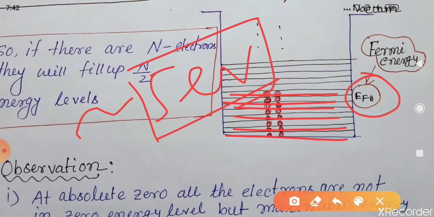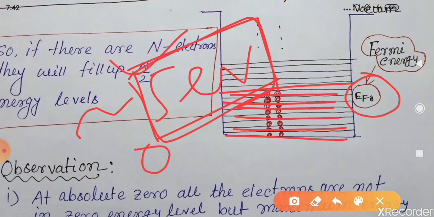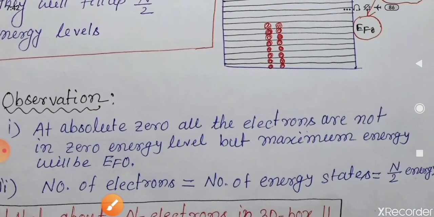So classically the energy should be zero, but quantum mechanically we have seen that at absolute zero there may be a maximum energy of the electron which is about 5 electron volt, and this is the main or basic difference between the classical and quantum mechanical behavior of free electrons.